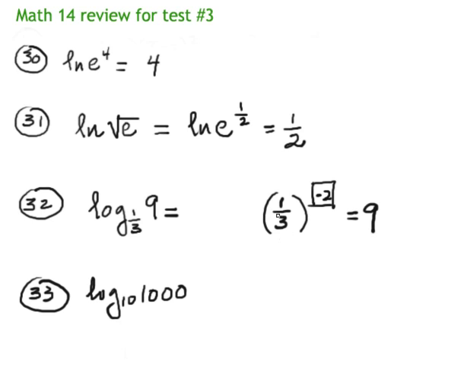Okay, just flip this and we have, this is the same as 3 squared, which is 9. So here we have -2. And here we're asking 10 to what exponent is equal to 1,000? Well, 10 cubed is equal to 1,000, so that would be 3.